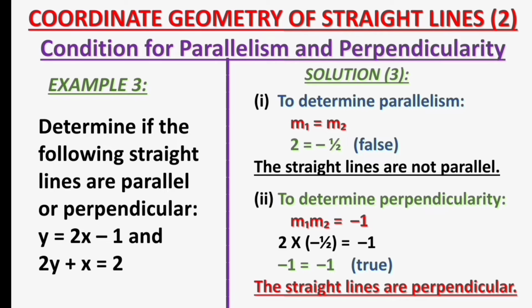When you multiply m1 and m2, of course, you are going to have minus 1. In other words, the product of the gradients is equal to minus 1. Hence, the straight lines in example 3 are perpendicular. Please take note of these solutions to example 3.